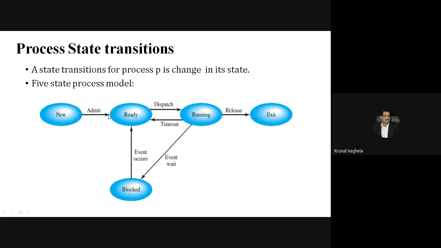Now your program is ready to run, but your program is not the only process running on your machine. There may be other processes also, right? We saw yesterday there are many processes, foreground and background processes, running on your machine. So it is not necessary that whenever your program is ready, the operating system will assign the CPU, right?